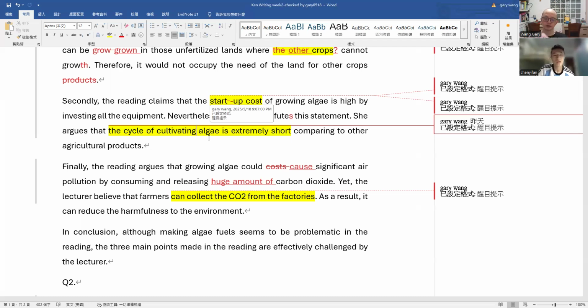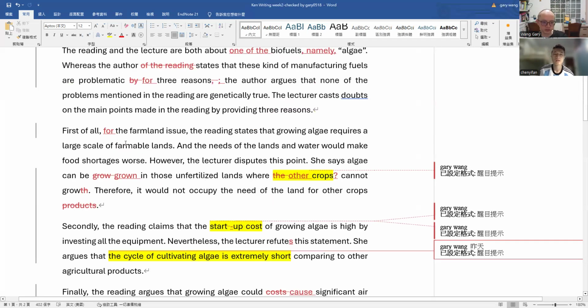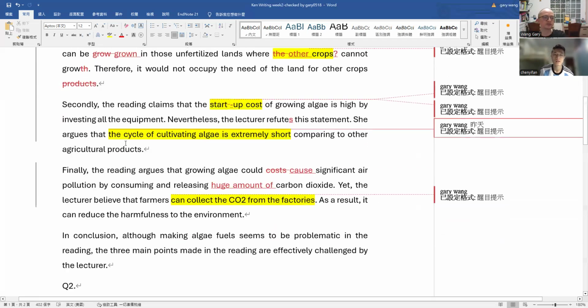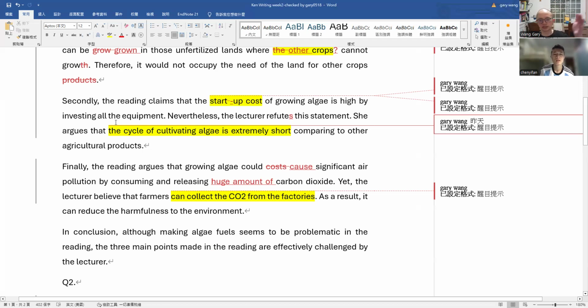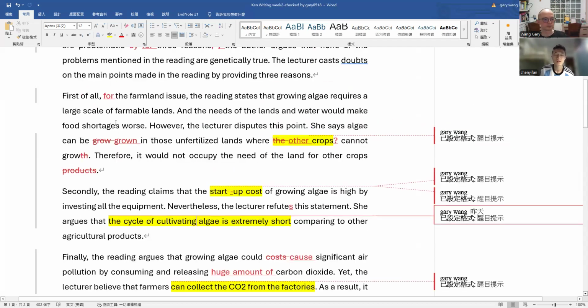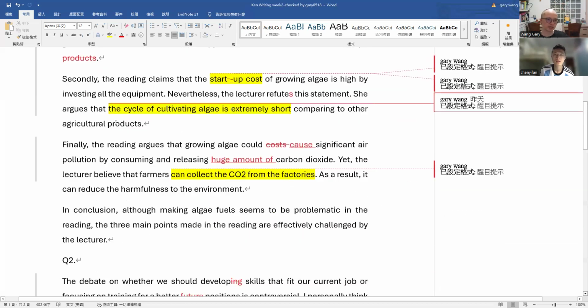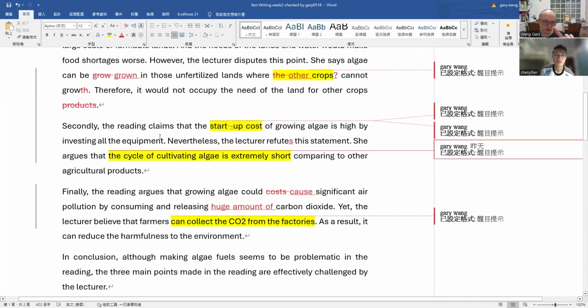If you are separating them into two points, I think that's okay. But you are using them together. First of all, the first paragraph. Secondly, but in the second paragraph, no, it's the third paragraph. In the third paragraph, you have two different points together. So it's a little bit confusing.